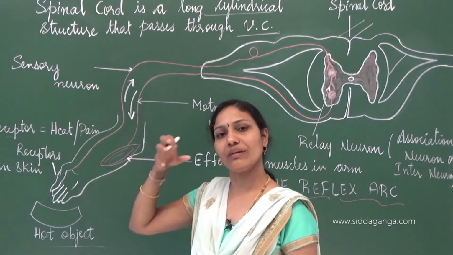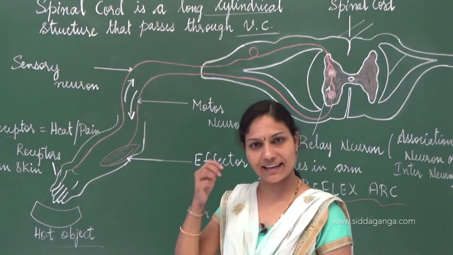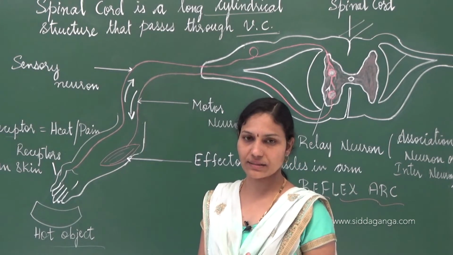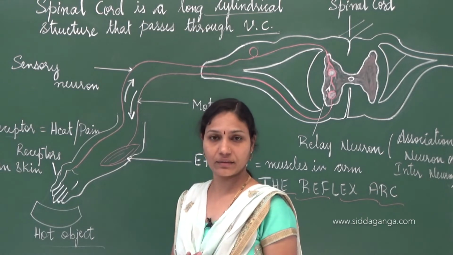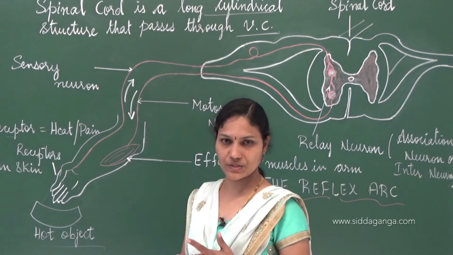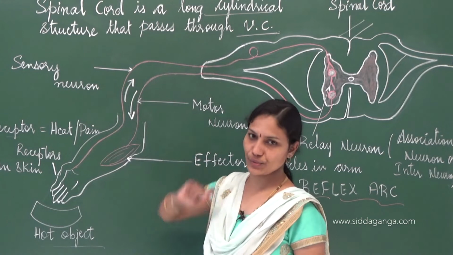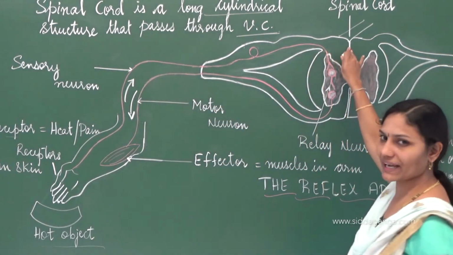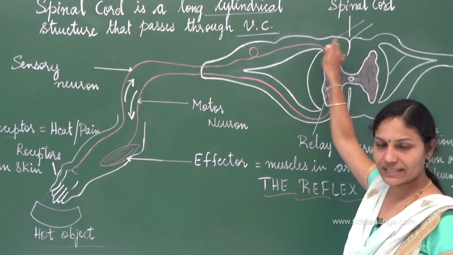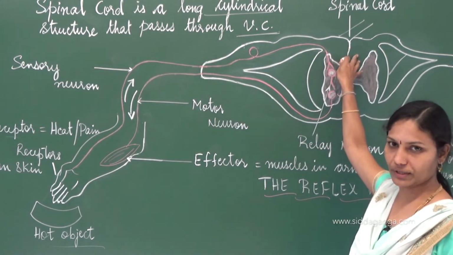So sensory neuron carries these nerve impulses, the impulses carrying the information of pain or heat when a hot object is touched. Sensory neuron carries these impulses to the spinal cord.